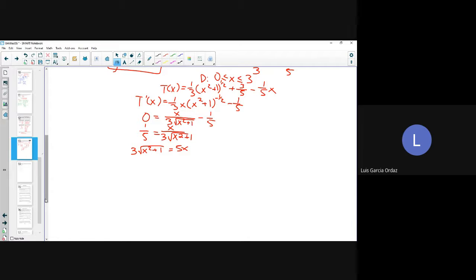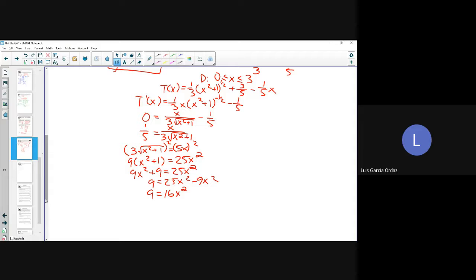So now what I'm going to do is square both sides first, so I get rid of my roots, which means I get 9 times x squared plus 1 is equal to 25x squared. And I get 9x squared plus 9 is equal to 25x squared. I'm going to isolate for x. So I get 9 is equal to 25x squared minus 9x squared, which gives me 9 is equal to 16x squared.